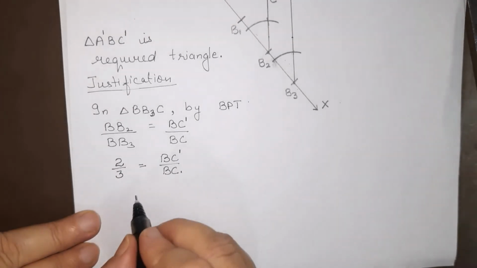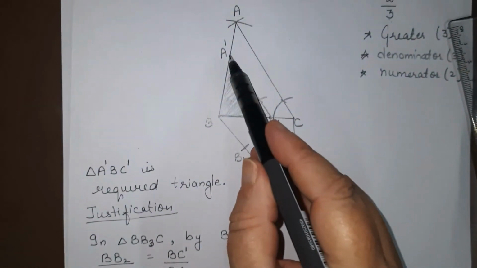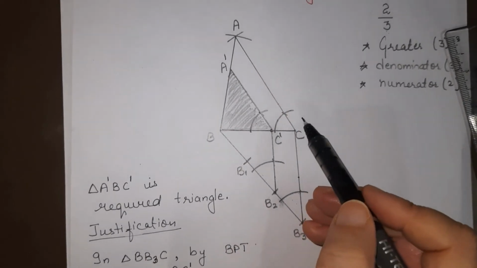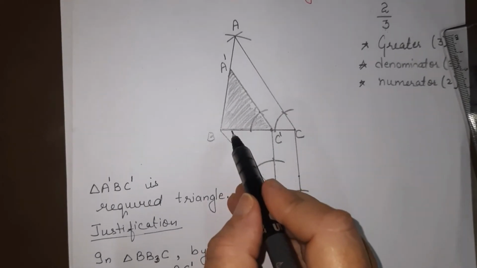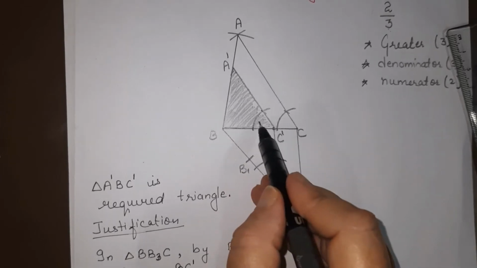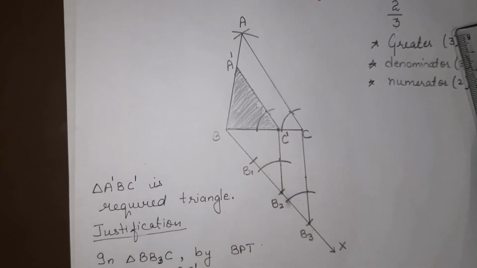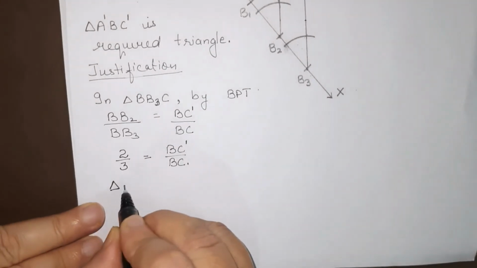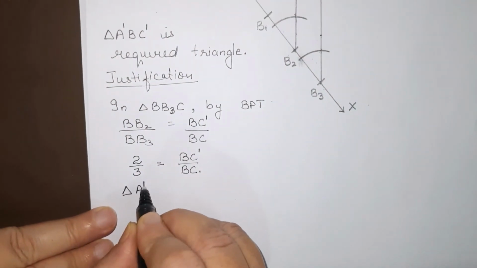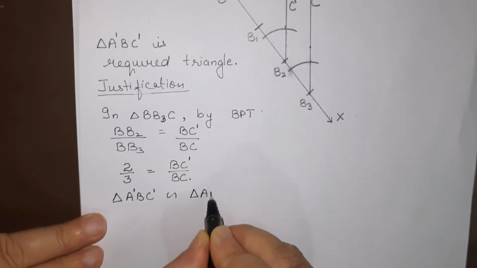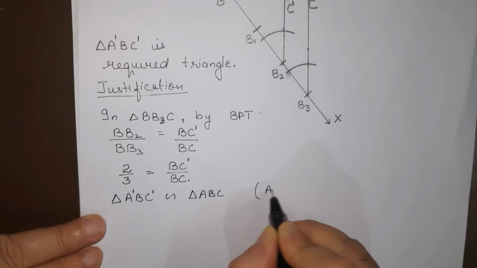Right? Now see this triangle A dash, B, C dash and ABC. These two triangles are similar, as angle B is common and these two angles are equal, we have drawn them to be equal. So they are similar by AA similarity. So we will write triangle A dash B C dash is similar to triangle ABC by AA similarity.